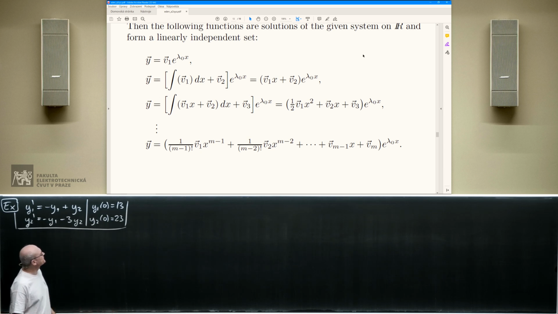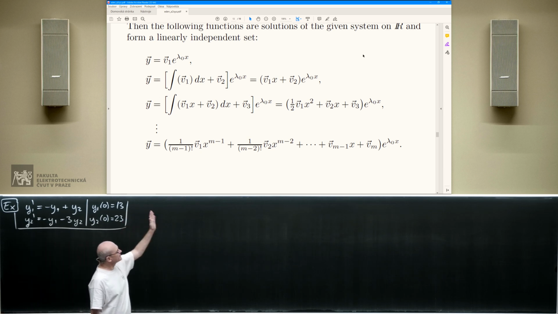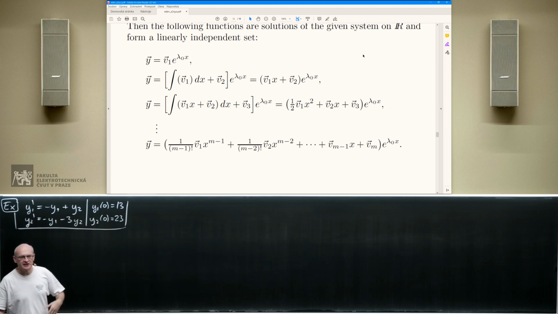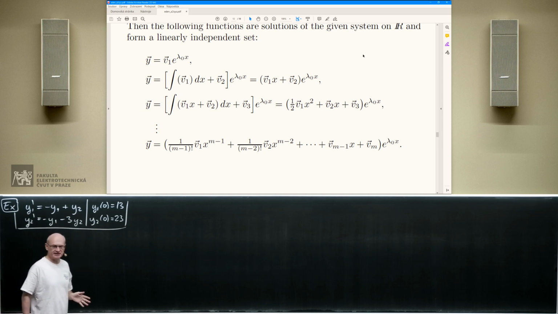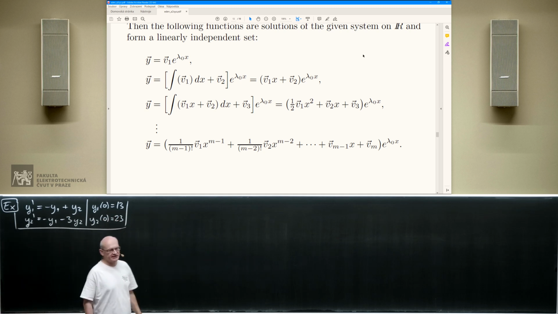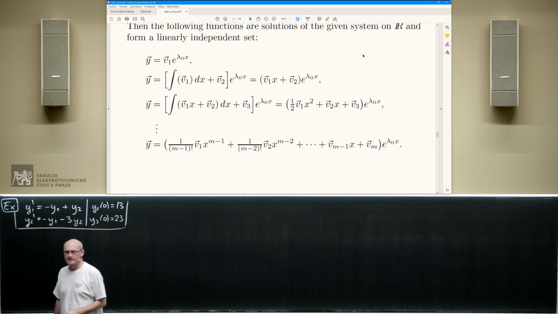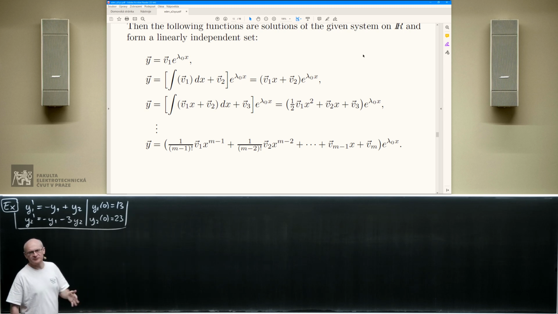There are some really interesting things happening. This is definitely not so easy like we had it for linear differential equations, where we simply used exponential and then x times exponential, x squared times exponential. That was simple. This is, let's say, slightly more challenging, but not difficult, just long and boring.